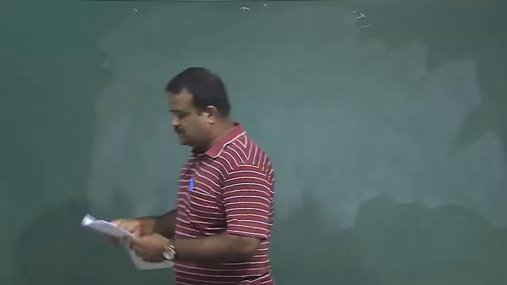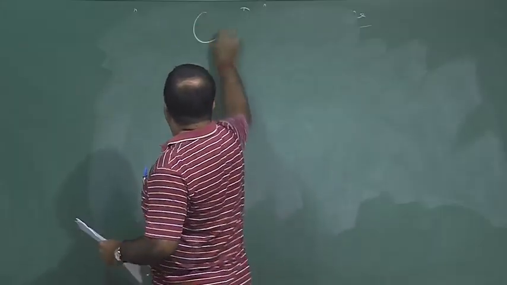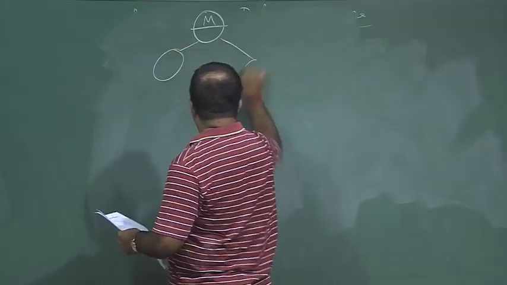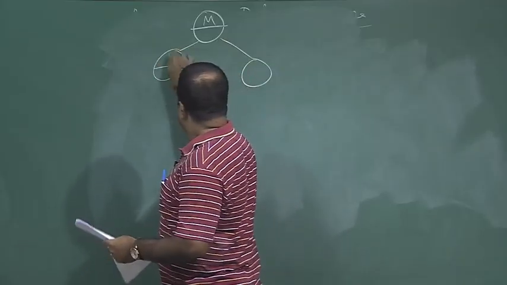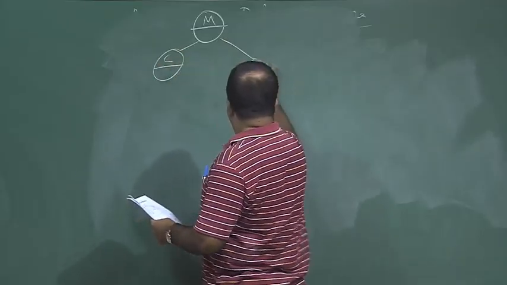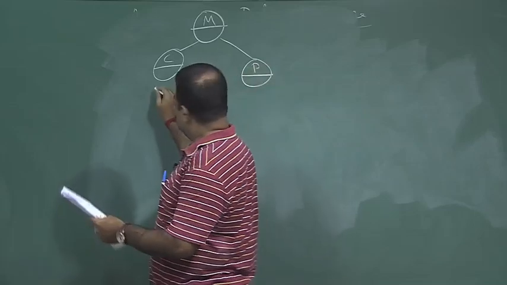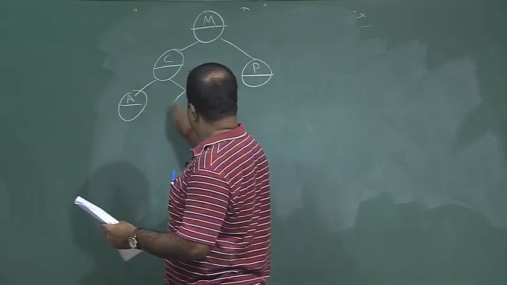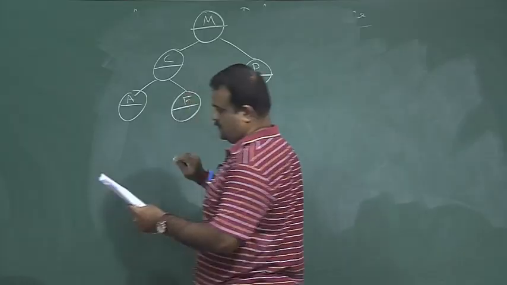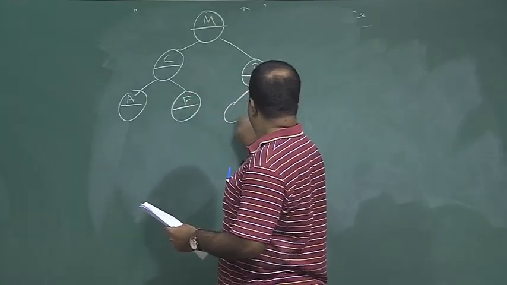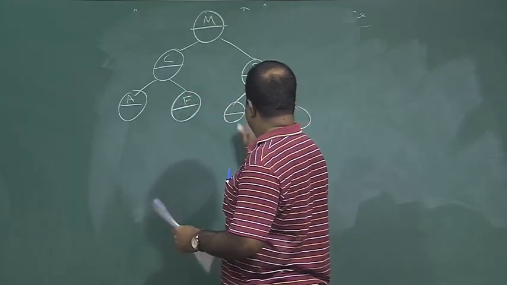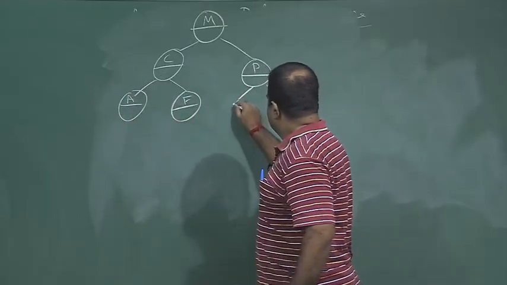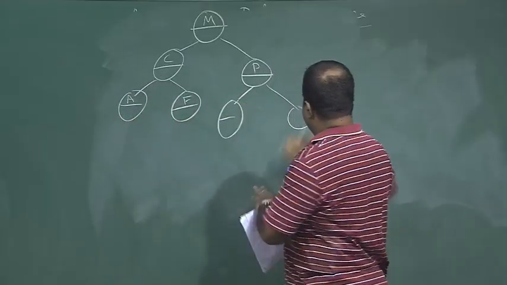Okay, suppose this is our tree, these are the key values: C, P, A, F. Let us make it a little big so that we can have the other bit of information.